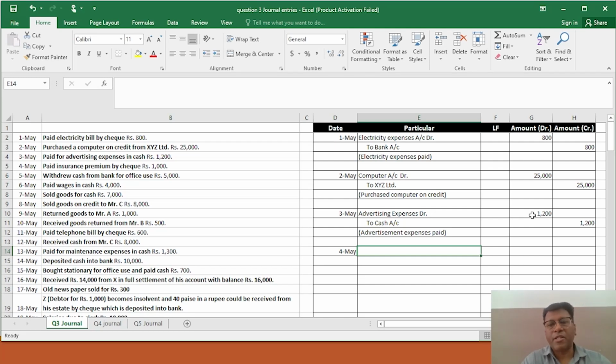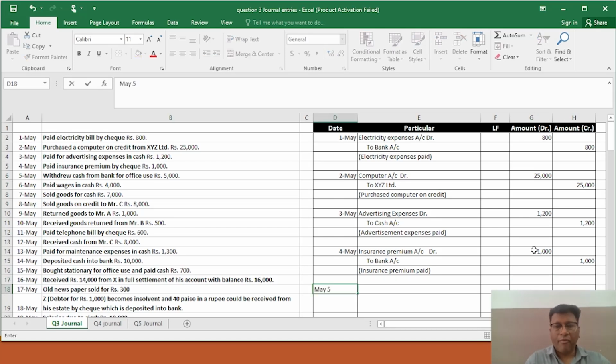So paid insurance premium, here insurance premium account would be debit, and to bank account. And what would be the narration? Insurance premium paid. And what about the amount? Rupees 1000, and again rupees 1000.